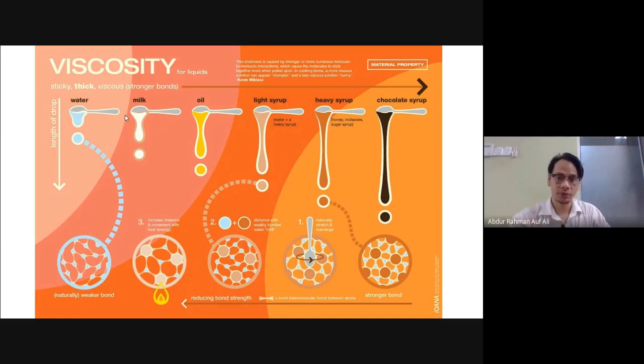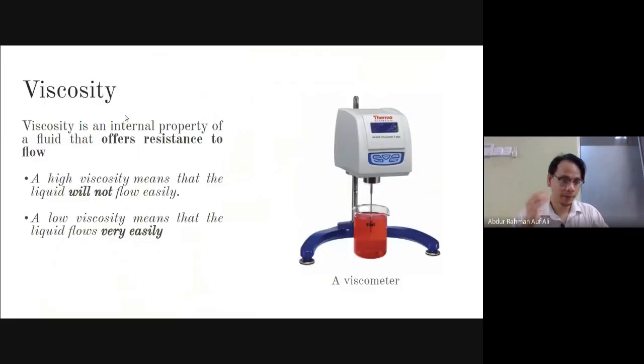Okay, that is viscosity. So we want to measure viscosity because ubat-ubat yang selalu dimakan, ubat liquid ni, cecair ini selalu dimakan oleh orang-orang tua, okay, warga tua ataupun kanak-kanak, baby. So if it's too viscous, kalau sangat-sangat pekat, it could endanger the patient, orang yang makan tu.